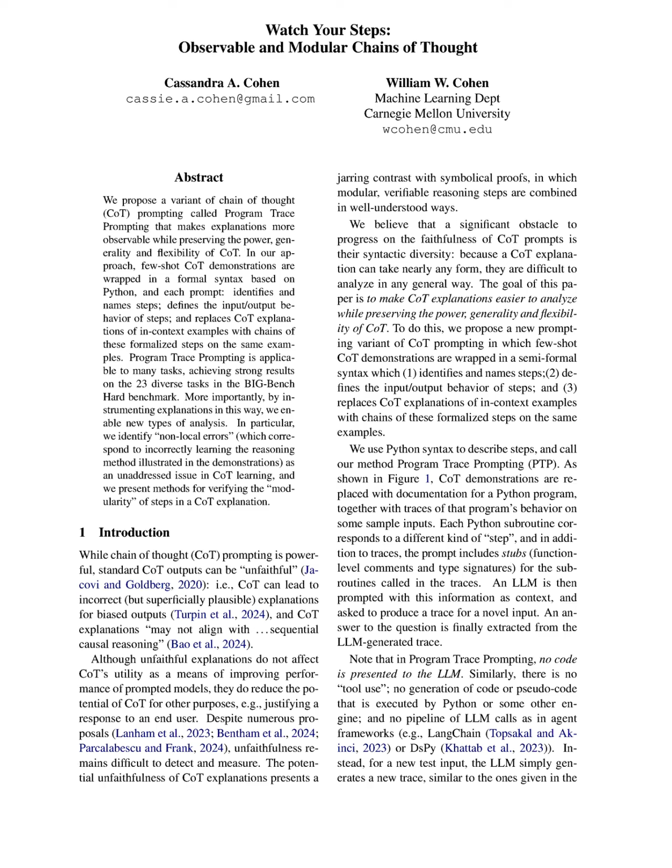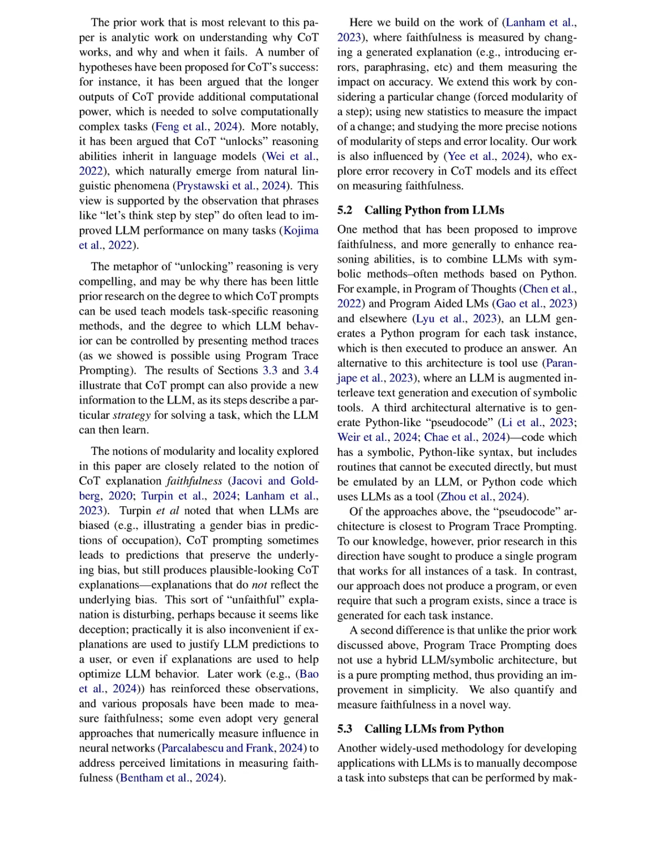By ensuring that each step is modular and well-defined, PTP enhances the ability to detect and measure errors, thereby improving the reliability of the reasoning process. Ultimately, this structured approach not only preserves the flexibility of COT, but also enhances its applicability across diverse tasks while facilitating deeper insights into the model's reasoning capabilities.